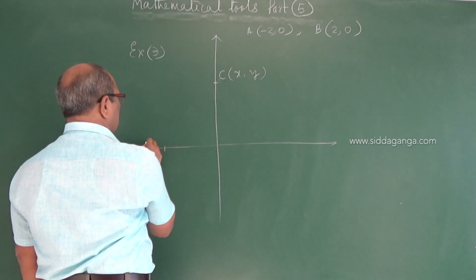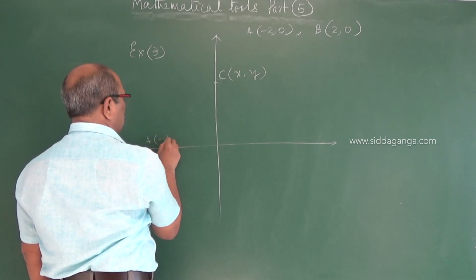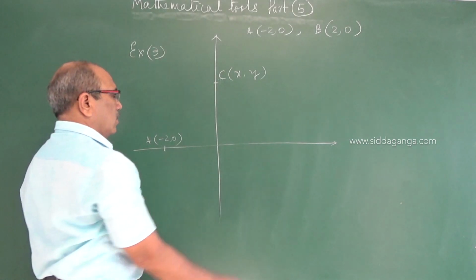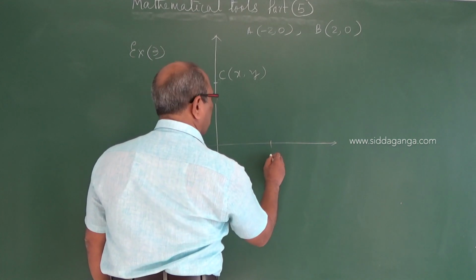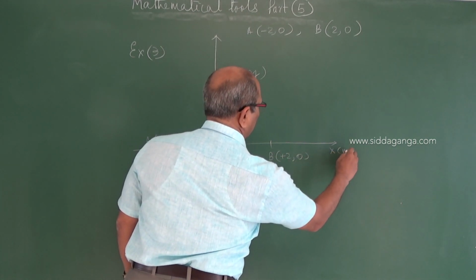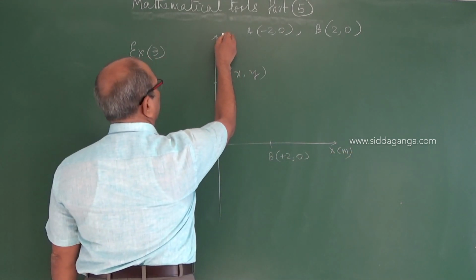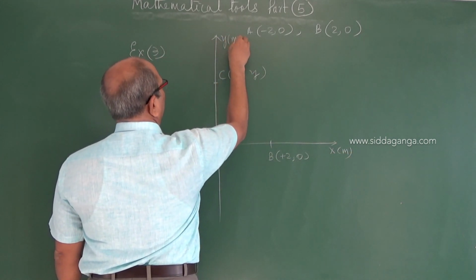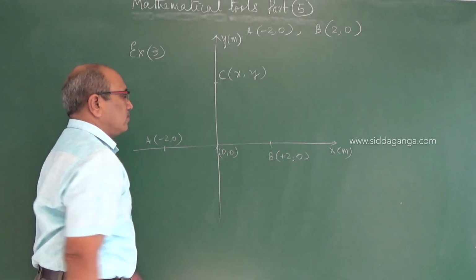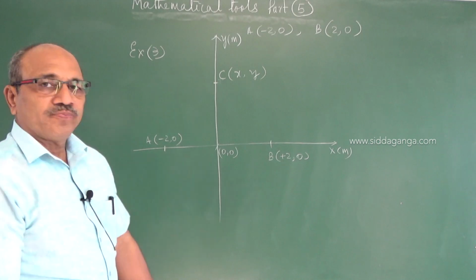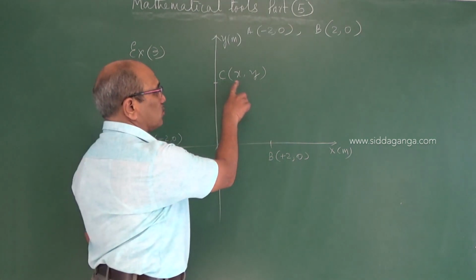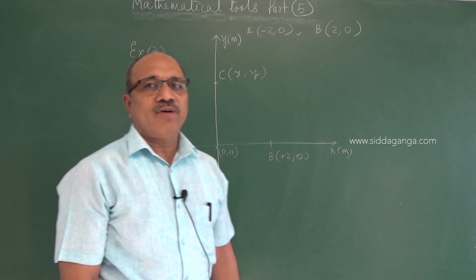So here A is given as minus 2 comma 0 and this as B, plus 2 comma 0. X is in, let us say, meter, and y is in meter. It is the origin 0 comma 0. We have to find the coordinates x and y. It is the question. We have to find the value of x and y.